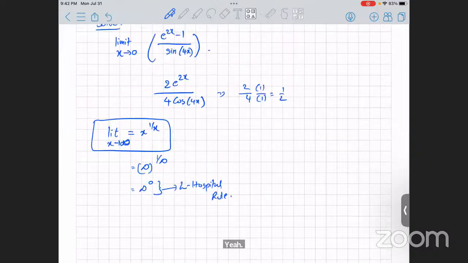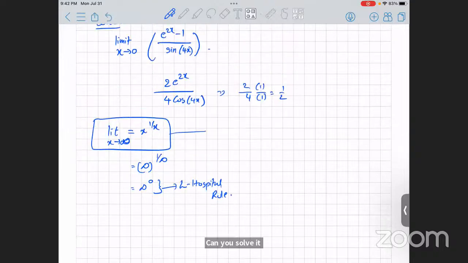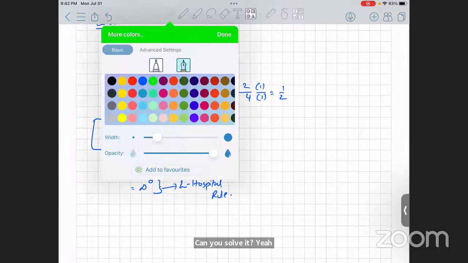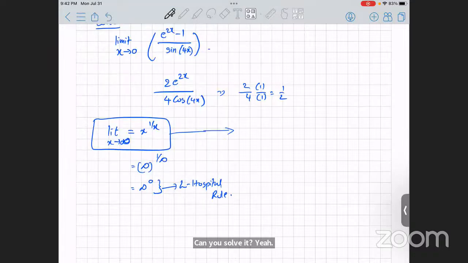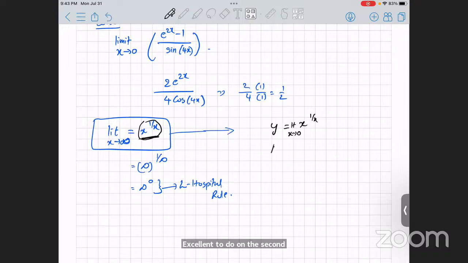Look, whenever you find a power form, the best way is to use the logarithm. Make this y equal to x power 1 by x, limit x tends to infinity. The second step is to apply log on both sides.